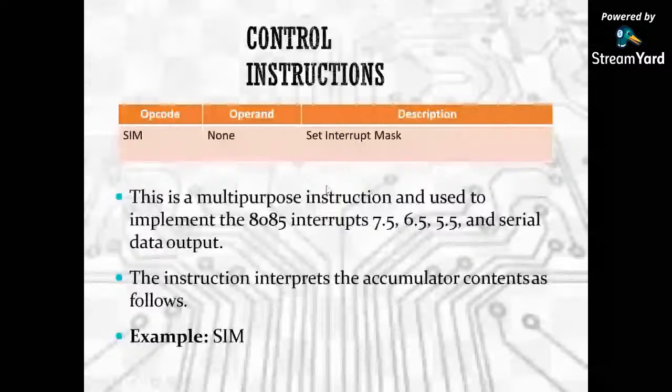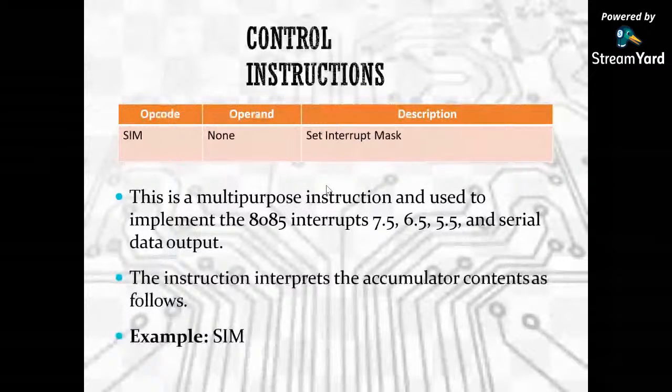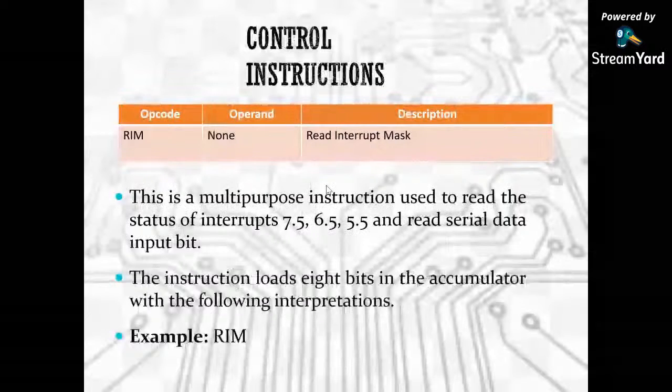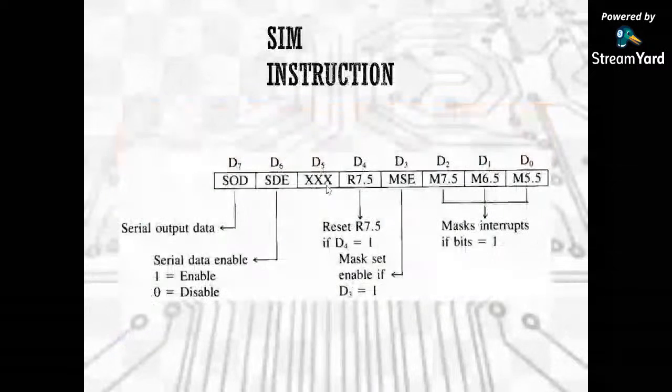SIM, set interrupt mask. So this is multipurpose, of course, and used to implement the 8085 interrupts 7.5, 6.5, and 5.5 and serial data output. This is the read interrupt mask, and this is the set interrupt mask.